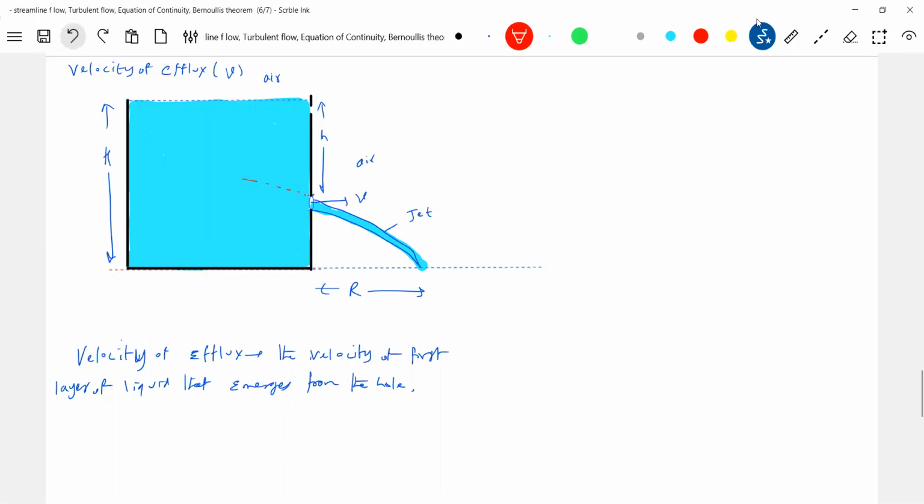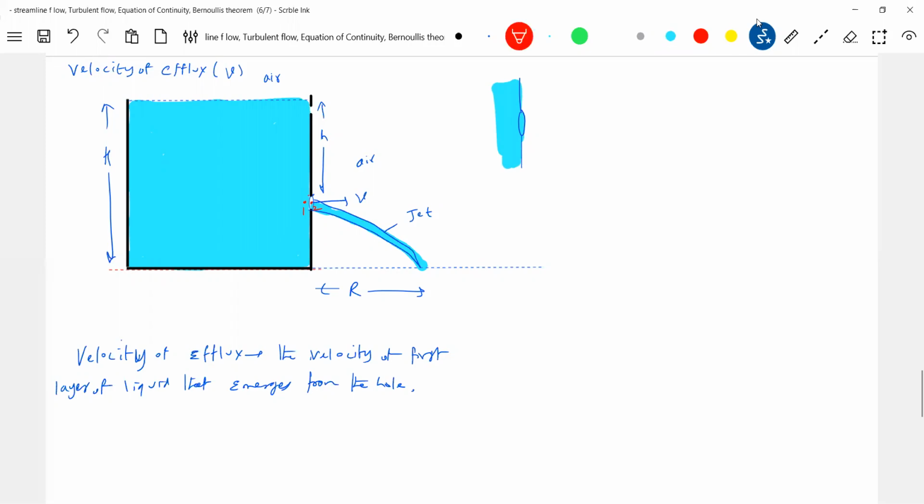Let me begin with the concept. So this is the point 2. This is point 1. Here, let's make it a little bit bigger. I'm just magnifying that.